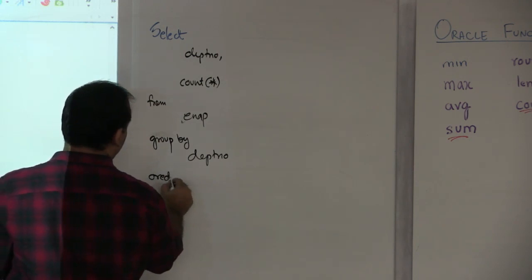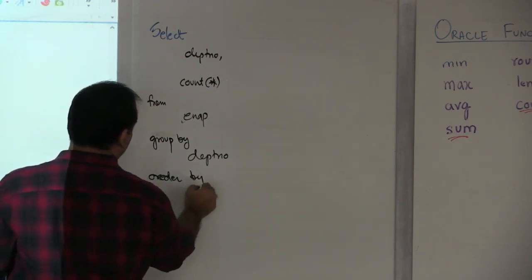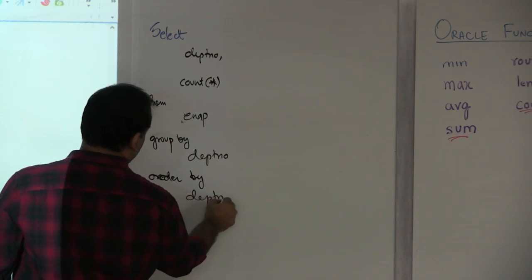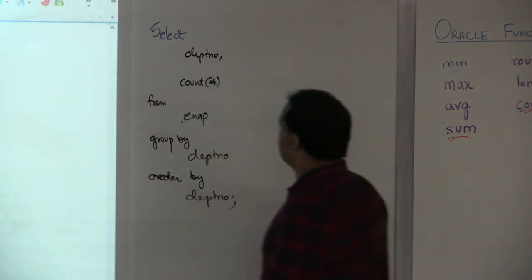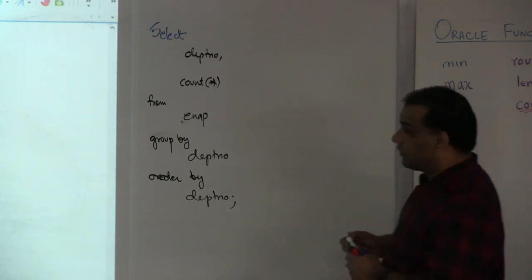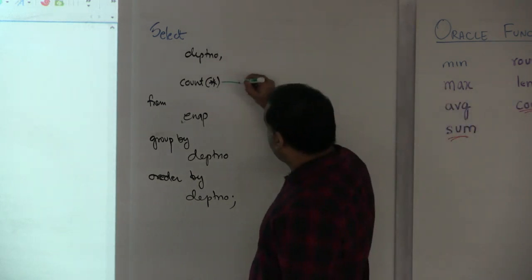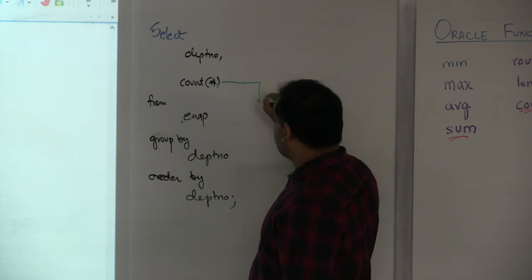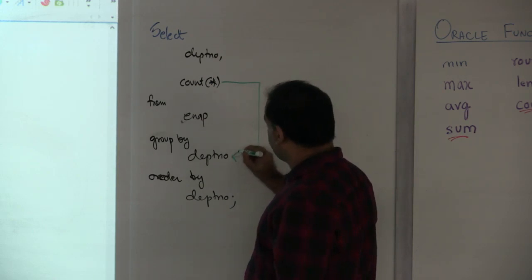Order by department number. Okay, so we are using this function, but don't give me the function of all employees. Group them by the department number.